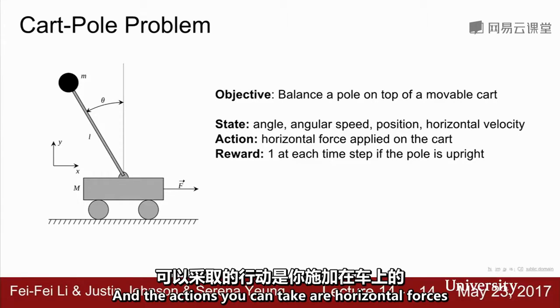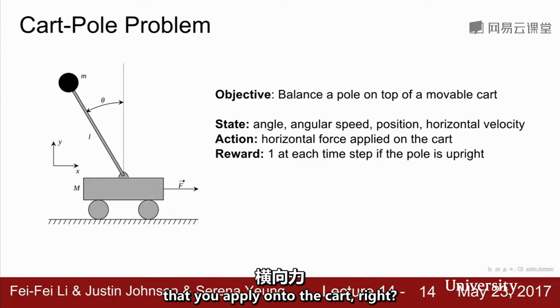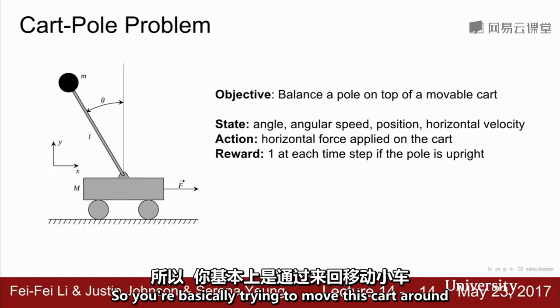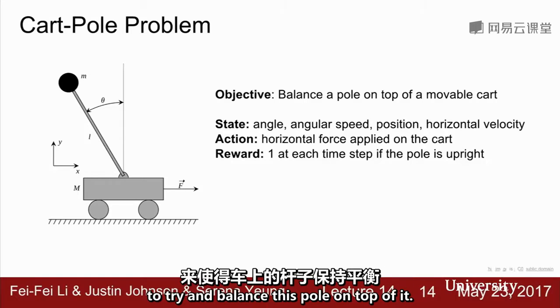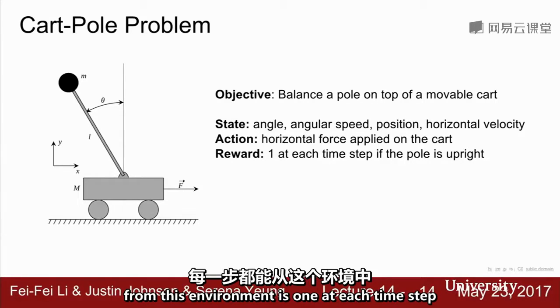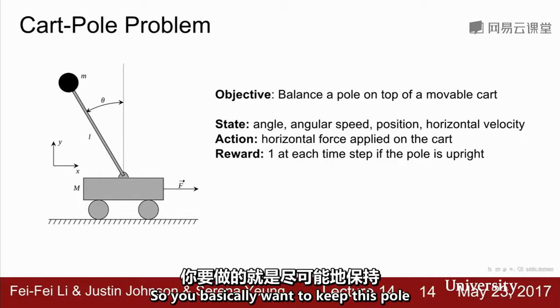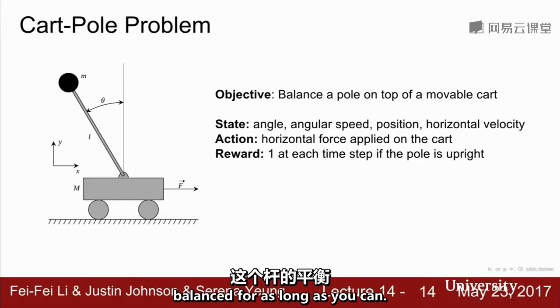And the actions that you can take are horizontal forces that you apply onto the cart. So you're basically trying to move this cart around to try and balance this pole on top of it. And the reward that you're getting from this environment is 1 at each time step if your pole is upright. So you basically want to keep this pole balanced for as long as you can.